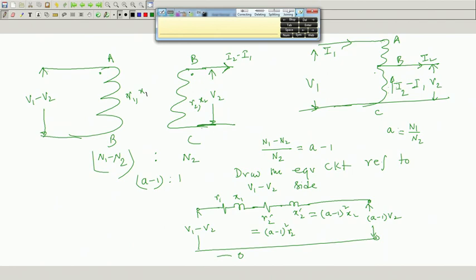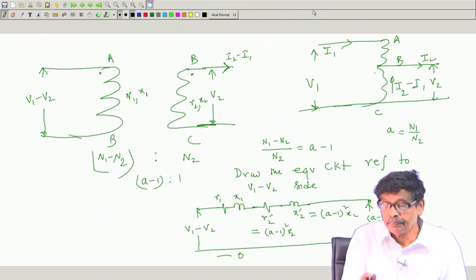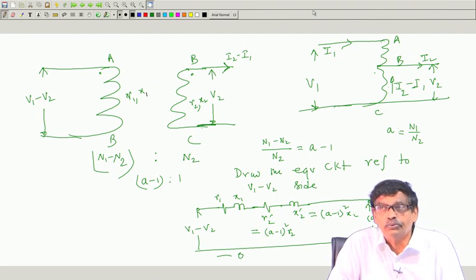The only thing is that the voltage applied to this winding is V1 minus V2, and on this side it is V2. And the current this winding is delivers is I2 minus I1 and not I2, mind you.